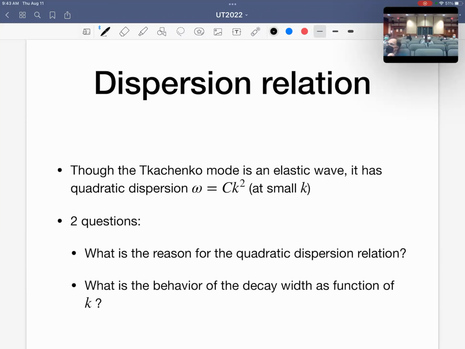So what is it? Can I ask another question? At every momentum k, how many modes are there? It's just one. But if this is like the phonon, then in 3 dimensions there are 3 polarizations of the phonons, and in 2 dimensions there should be 2 polarizations.